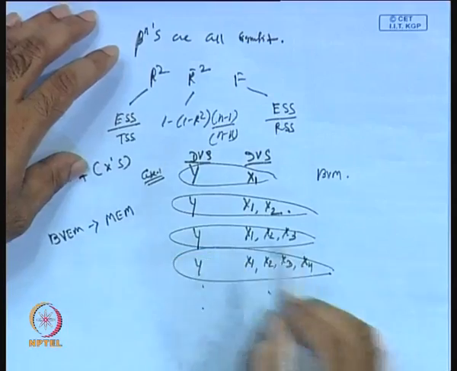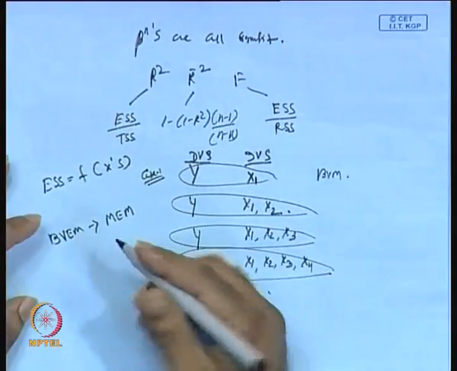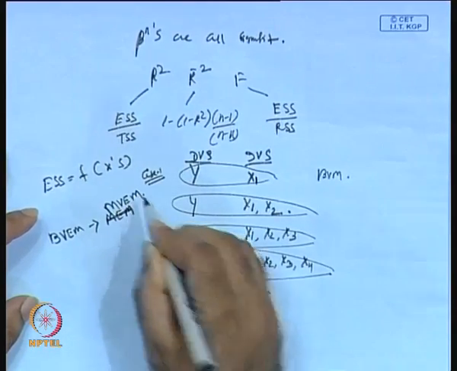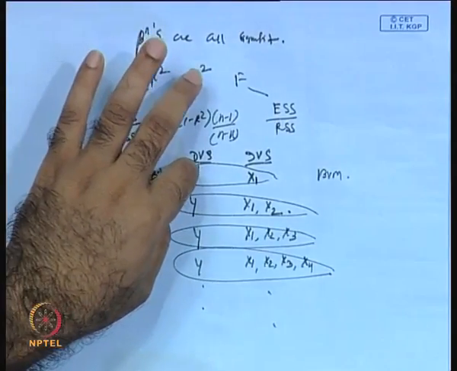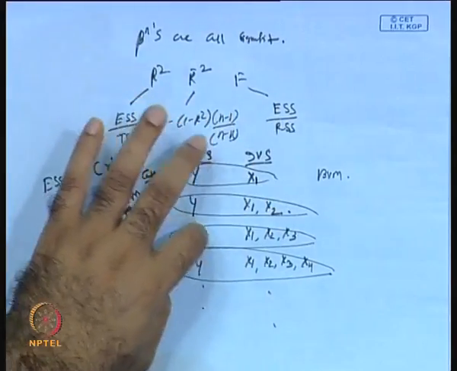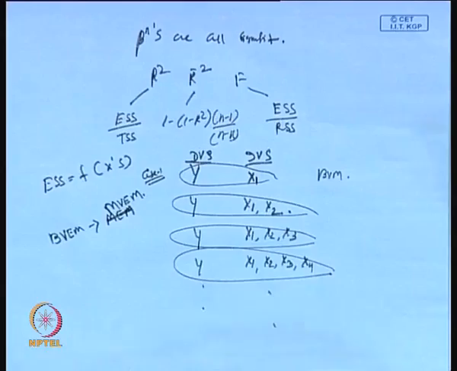So, what is ultimately the problem here? Once you move from y, x1 to y, x1 and x2, then y, x1, x2, x3, how quickly do you have to generate the solution, and what are the various problems?